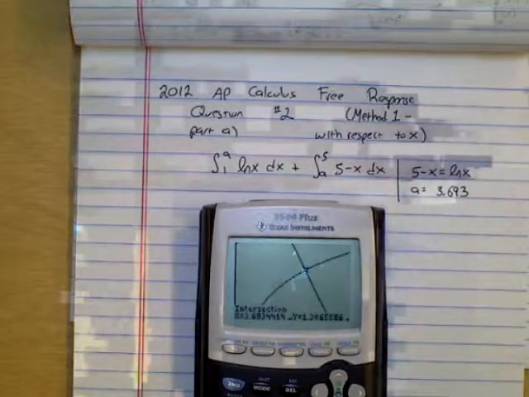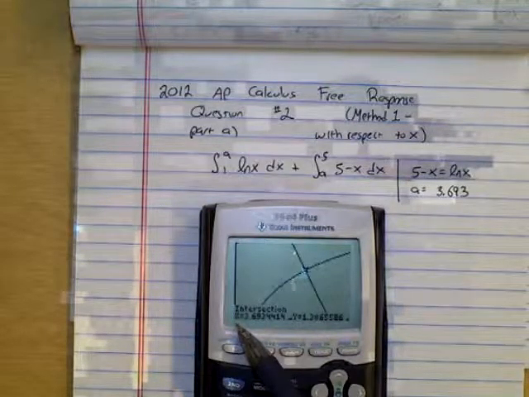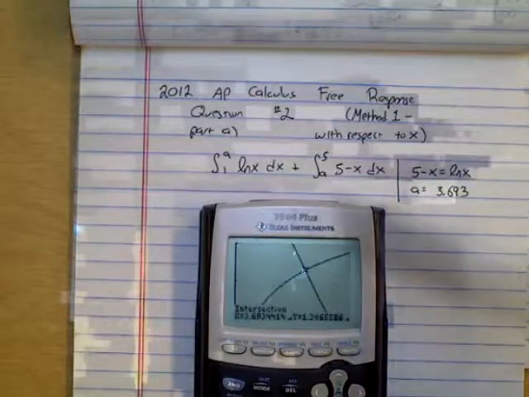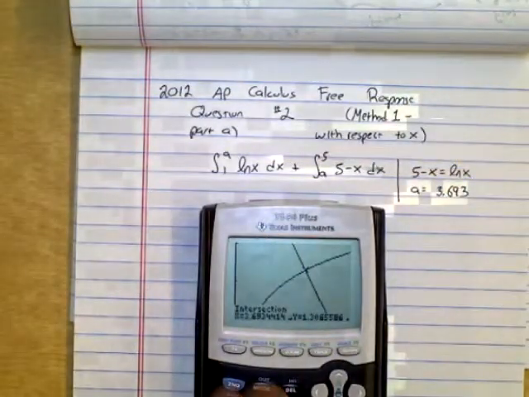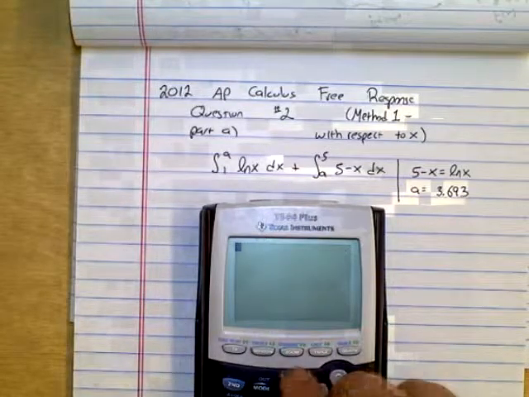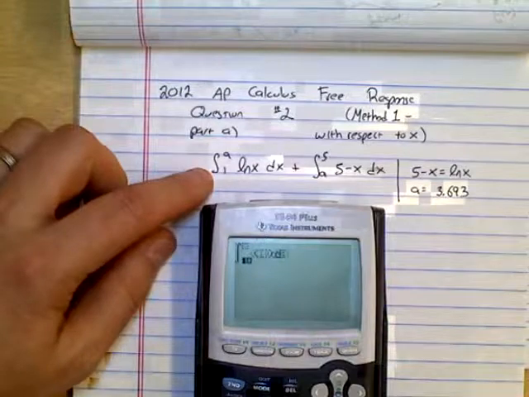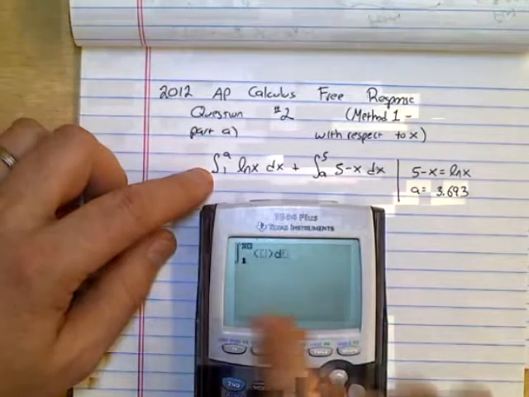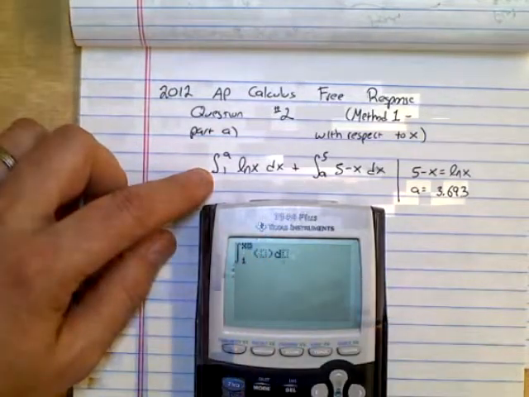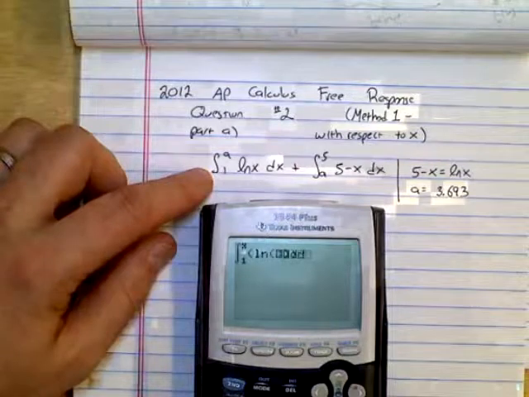However, I can take advantage of the fact that this x is now stored as a value in my calculator. So when I set up this integral, I can in fact quit out of here and just clear all that. I can say, let's do the integral from 1 to that value x that I had in my graphing window, and that's what that x will represent. And then I'm going to put ln of x.